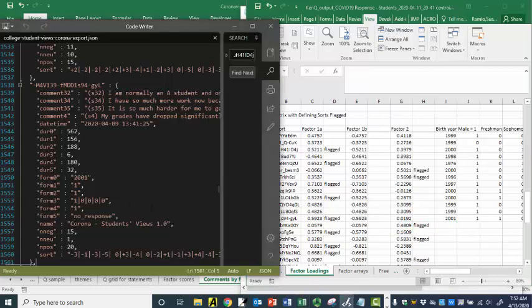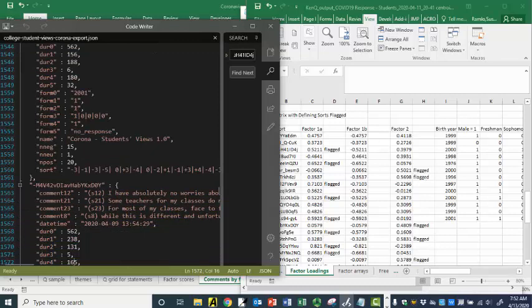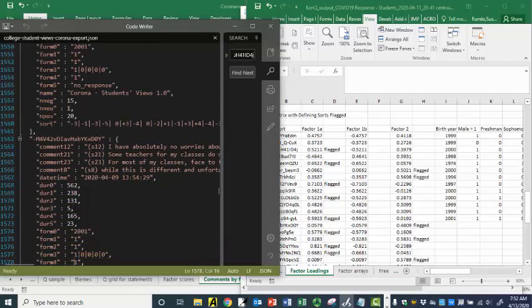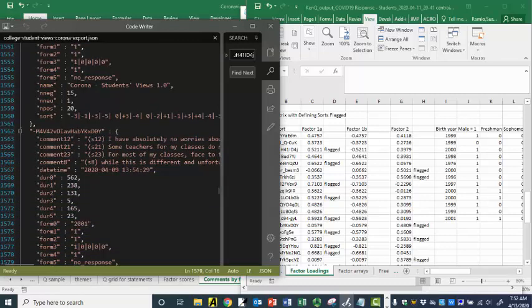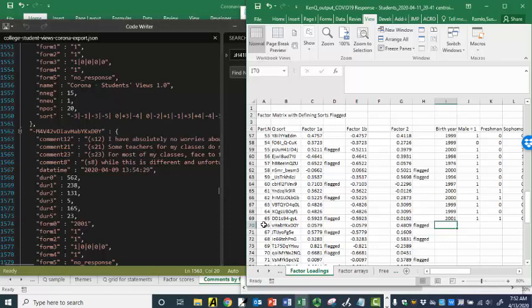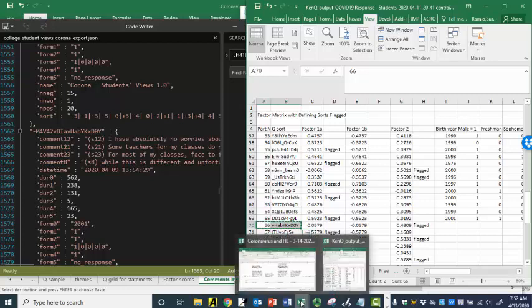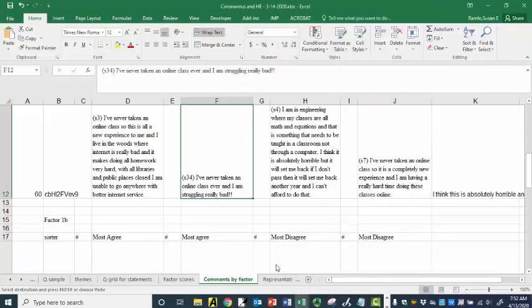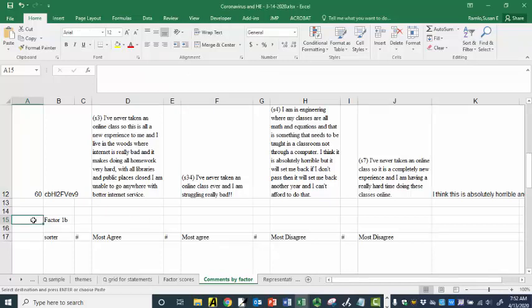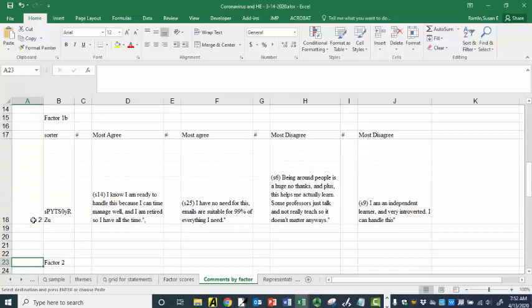Now, sometimes there's somebody who has written something, we'll call it profound. So here is a person who is flagged, one of my few people flagged on factor 2. So I'm going to just copy this, and then I also have set up in a different Excel spreadsheet, which is my standard Excel spreadsheet that I use for coming up with all of my concourse and everything.